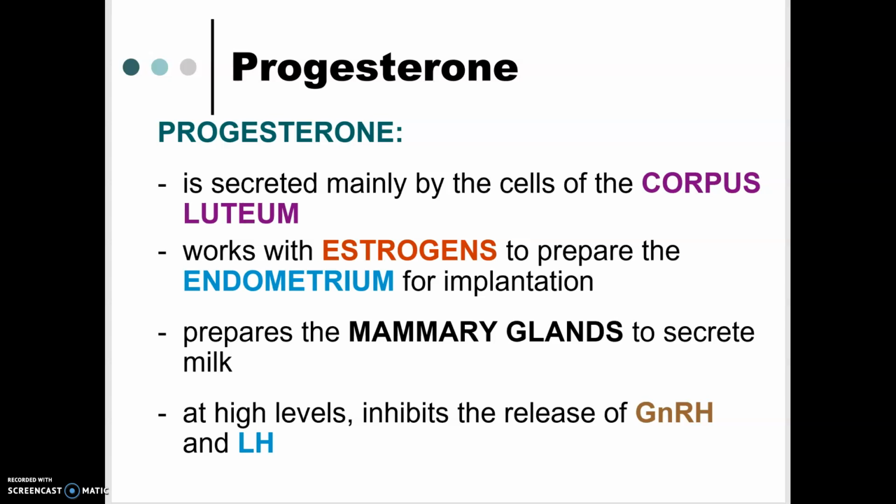The next one is progesterone. Now, this is going to be secreted mainly by the cells that we find in the corpus luteum. So the cells that are left over from the Graafian follicle will form the corpus luteum, and these are going to secrete progesterone.